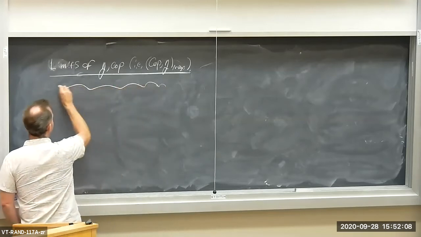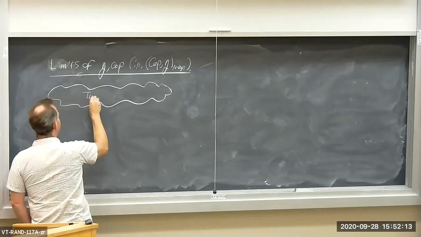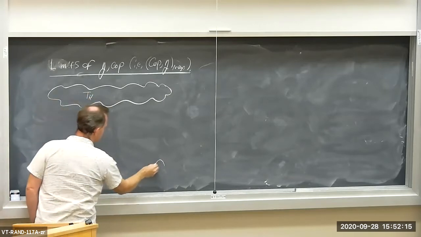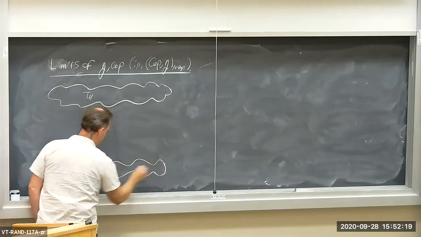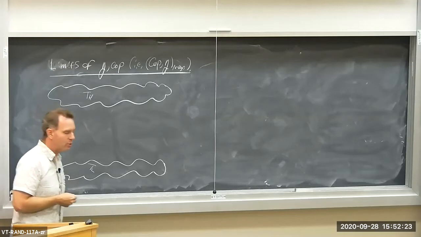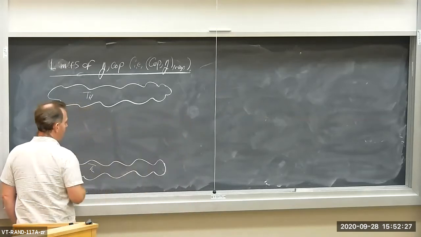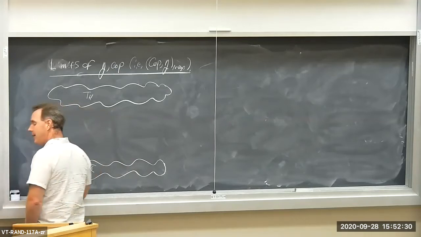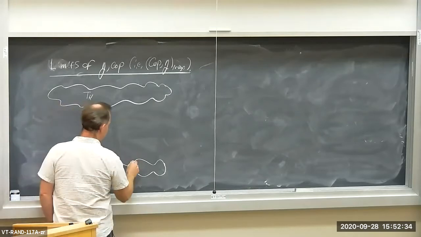Let's say we have a high temperature reservoir, TH, and a low temperature reservoir, TL. These are constant temperature sources or sinks of heat. Now, I have a heat engine right over here.